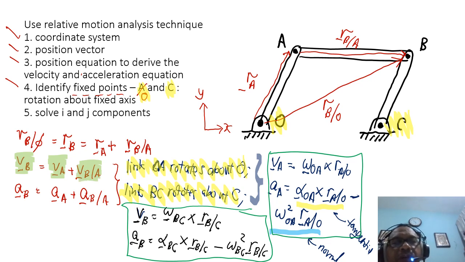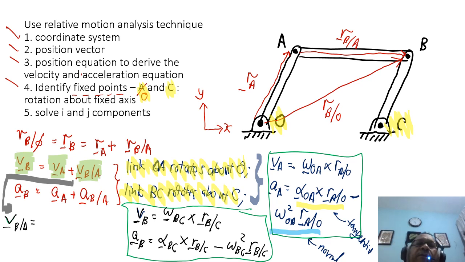So now we need to write our VB relative to A. Let's use a dark color. VB relative to A equals omega AB cross position vector B relative to A. So that's VB relative to A.